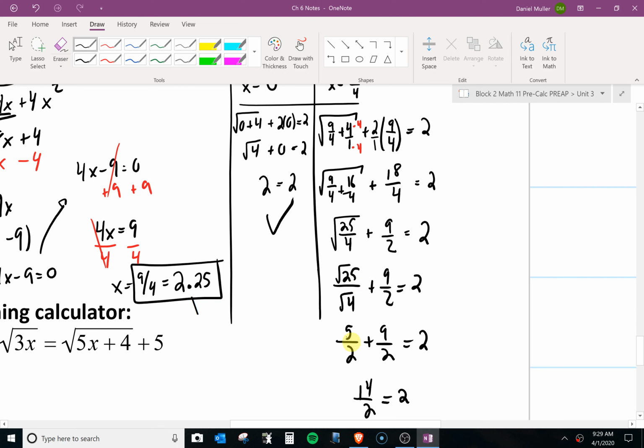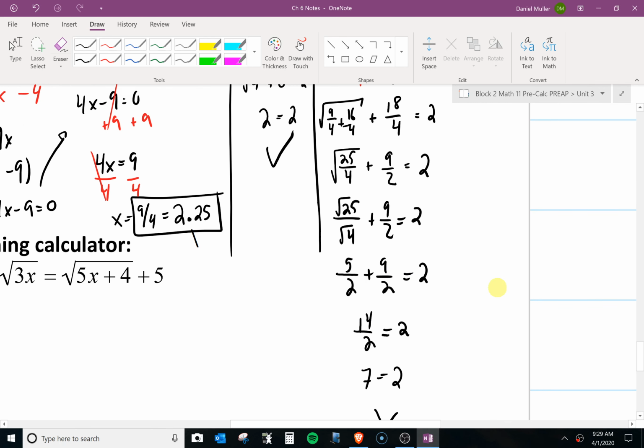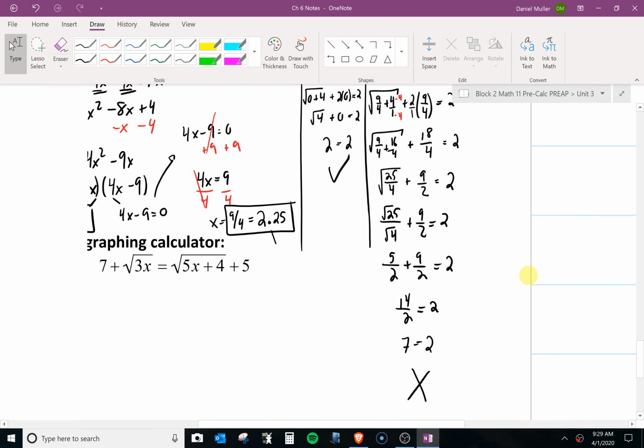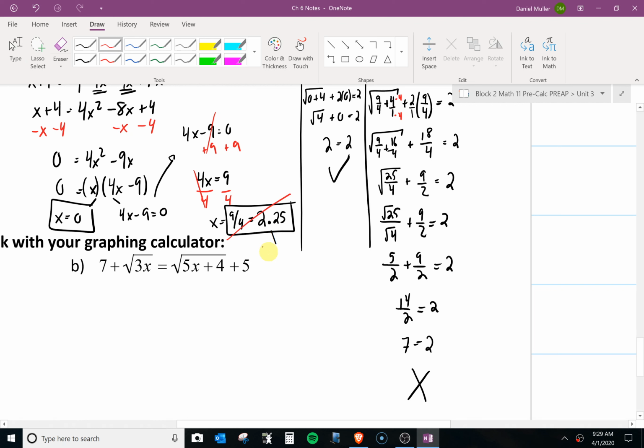Square root of 25 is 5. Square root of 4 is 2. So I have 5 over 2. And this thing here multiplied to 18 over 4, which can reduce to 9 over 2. So later on, when I added 5 plus 9, I got 14 all over 2, which ended up getting me 7, which wasn't even right. So I need to take this, and I need to reject it.